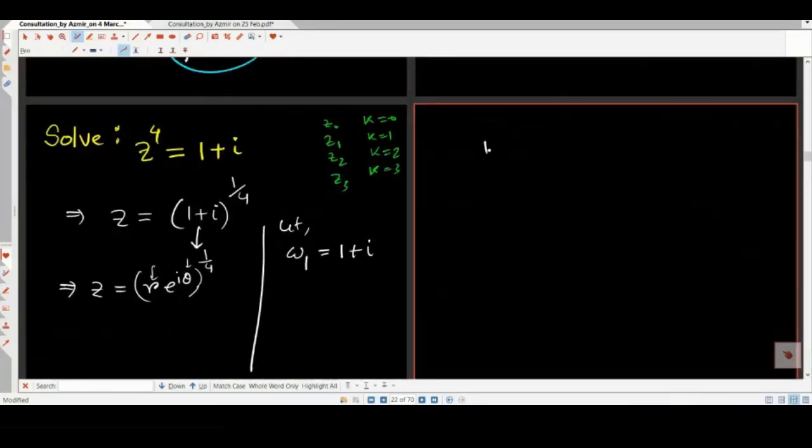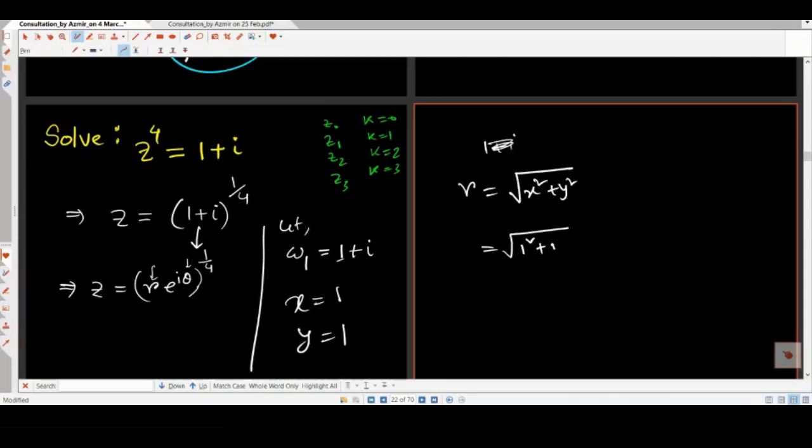So the complex number is 1 plus i. Here x equals 1 and y equals 1. X part, y part. So the modulus r will be root over x squared plus y squared, that is root over 1 squared plus 1 squared, root over 2. So this is the modulus.